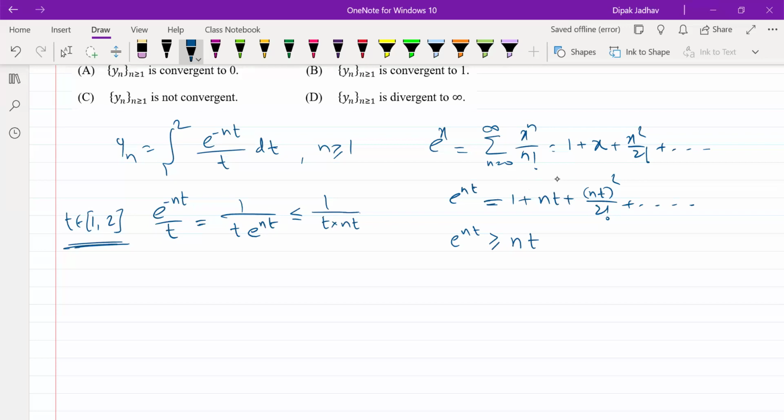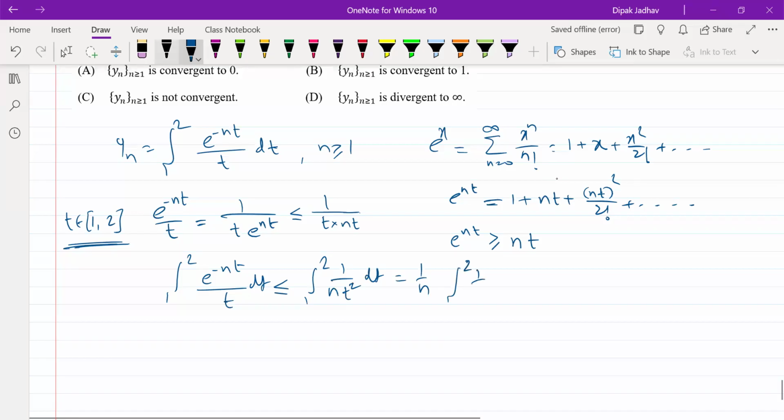Yes, sir. Okay. So then you integrate on both sides from 1 to 2. Yn is less than or equal to the integral from 1 to 2 of 1 upon n t square dt. So let's evaluate this. 1 upon n is common, so it will come out. We'll have the integral from 1 to 2 of 1 upon t square, that is t raised to minus 2 dt.